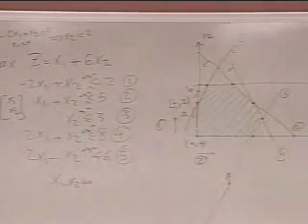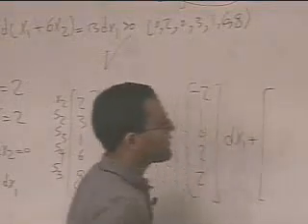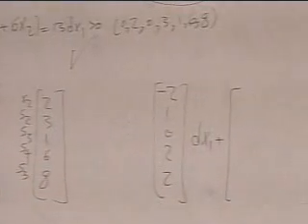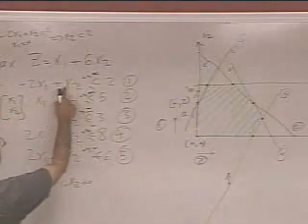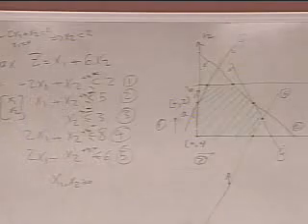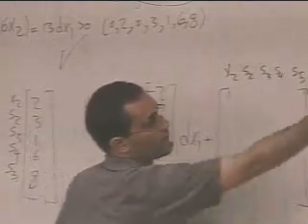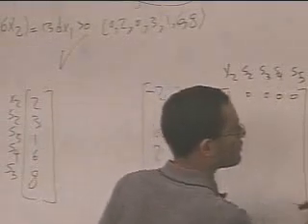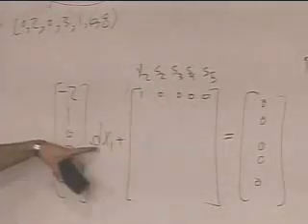Now, all these constraints which were equality, the ones with s, should still hold. So minus 2 dx1 plus dx2 would be 0. This is x2, s2, s3, s4, s5. So x2 has a 1 here, and the rest have 0. This should equal 0, 0, 0, 0, 0.